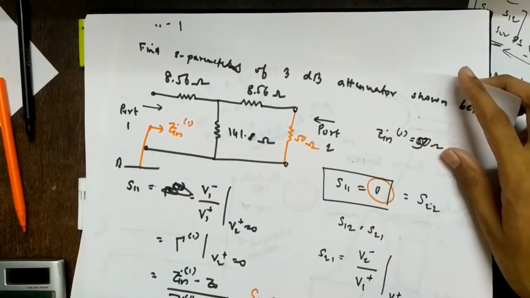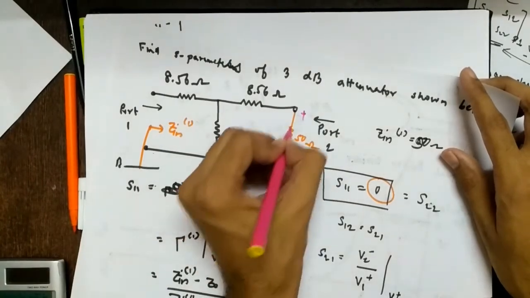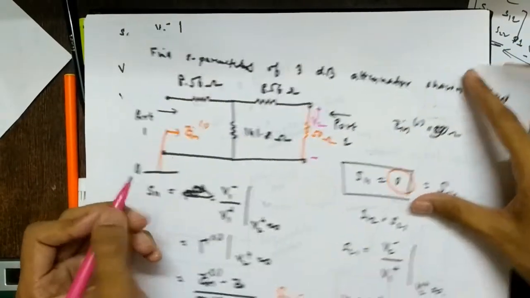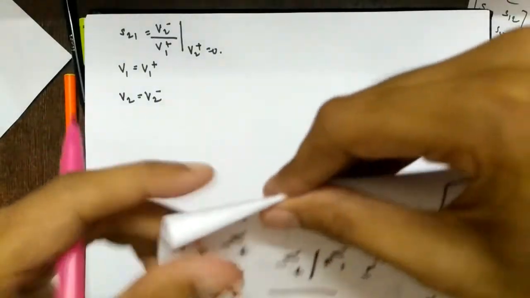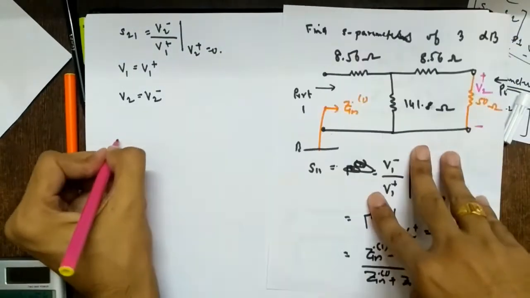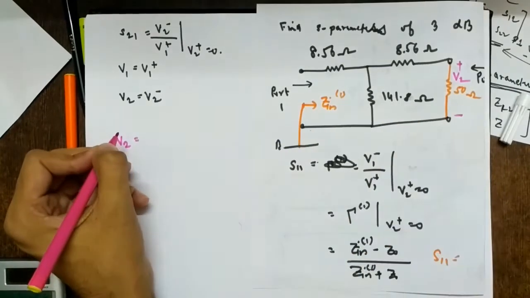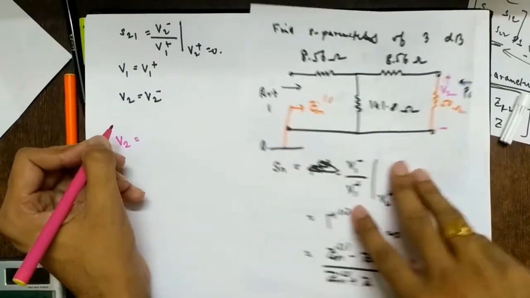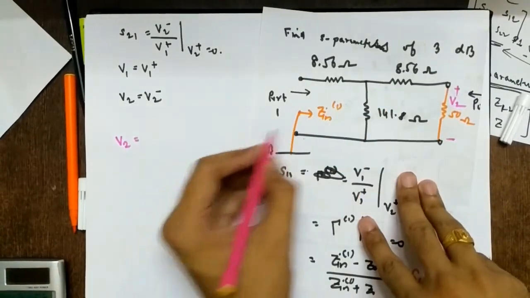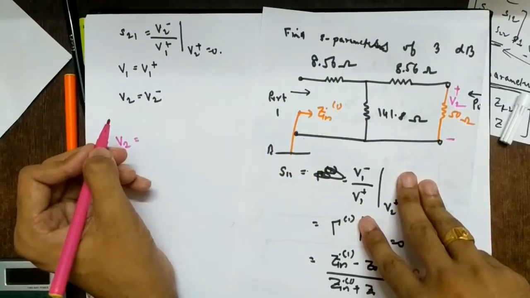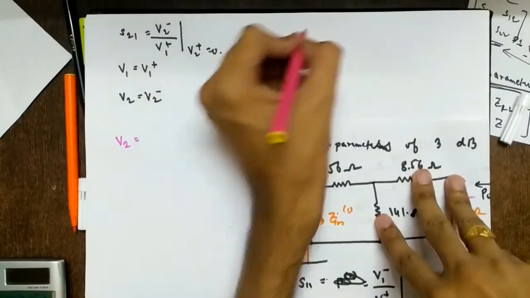This is my V2, the voltage across 50 ohms. Which rule from basic network theory can you use? Voltage division rule. Now these are two loops, so you cannot directly take the total voltage as V1.